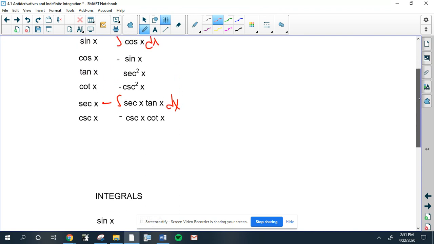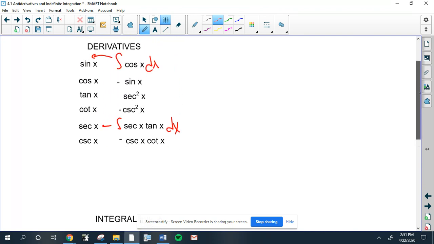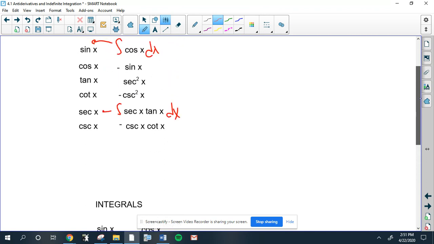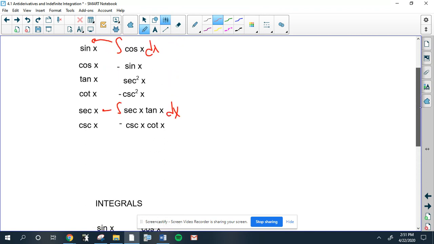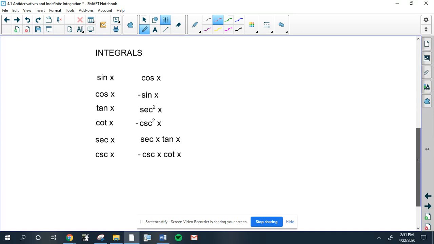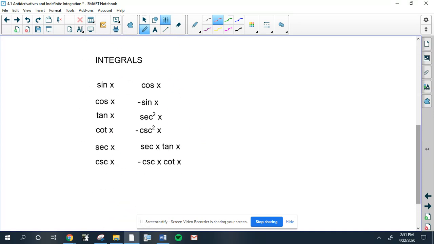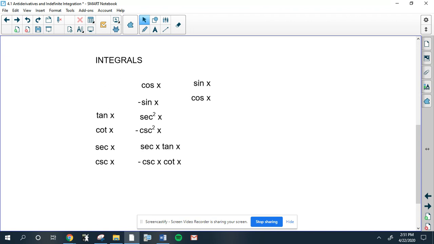So all you need to do to get the integrals is this. If you notice, all you have to do is flip your derivative chart, just look at it backwards.